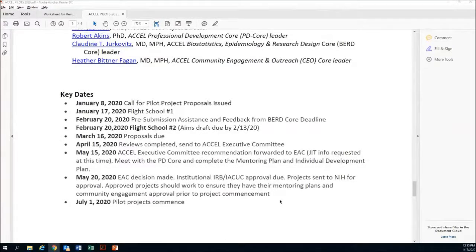So even if we are not funded, because we are not going to know, we would go ahead and submit the IRB for that proposal just to be safe.